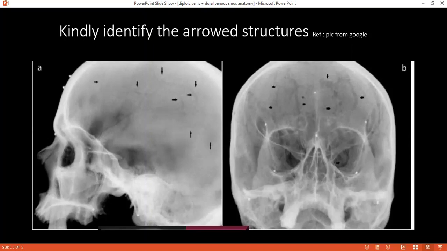Can you please tell me about the cavernous sinus? Yes, there are two cavernous sinuses which lie lateral to the sella turcica. It has important contents in its lateral wall and the medial wall. Laterally, it has oculomotor, trochlear, and the ophthalmic and maxillary roots of the trigeminal nerve.